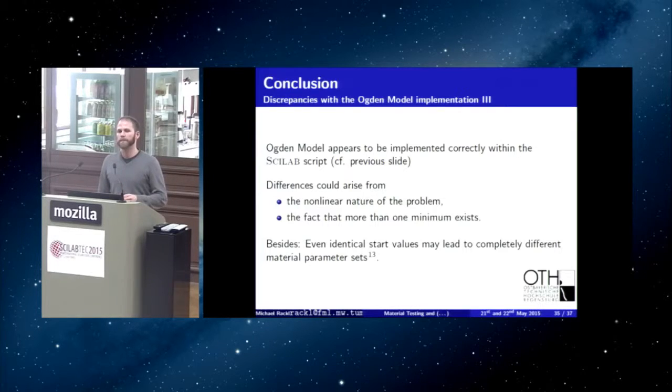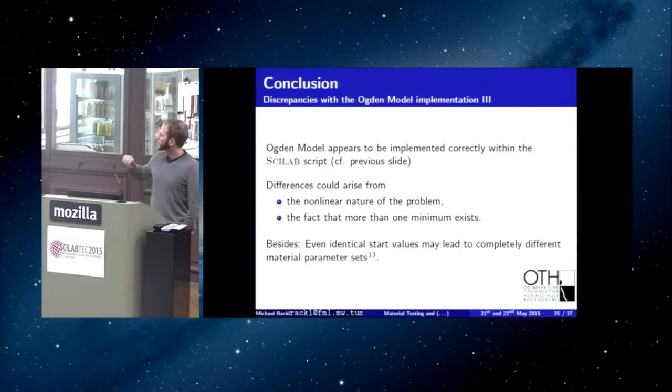The Ogden model is a nonlinear optimization problem, so you could run into a lot of different problems. Except from that, there is more than one minimum. Depending on your starting values, you may end up in different local minima. And even if you use the same starting values, you might end up with different material parameter sets. So these are the only reasons we could identify.